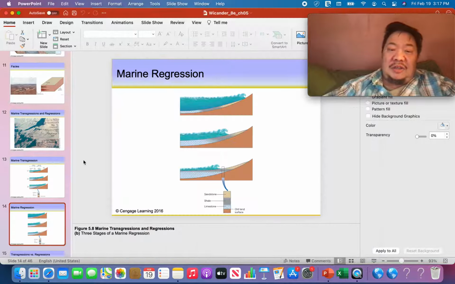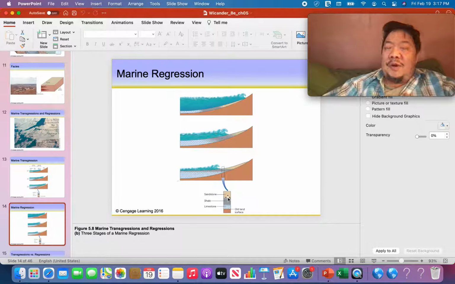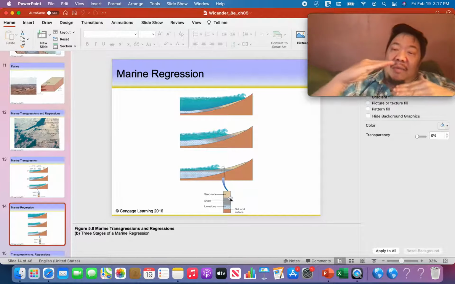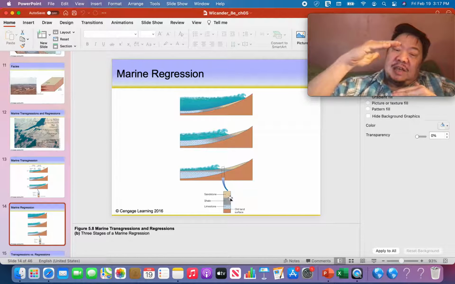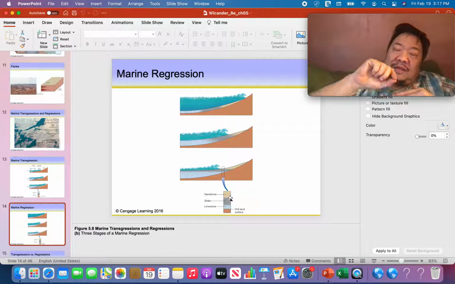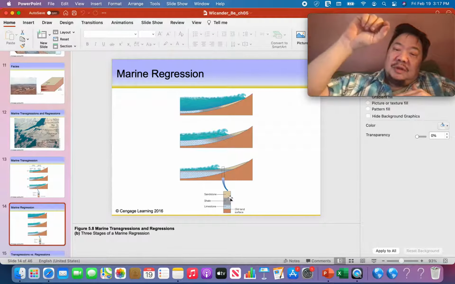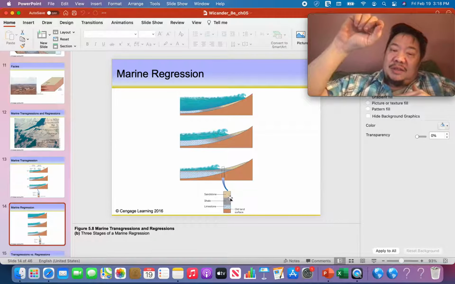This is how geologists can figure out when sea level was rising or when sea level was falling, by looking at these stacks of sedimentary rock and looking at the particle size, the grain size. And as the grain size fines upward, we know we're dealing with a transgression.